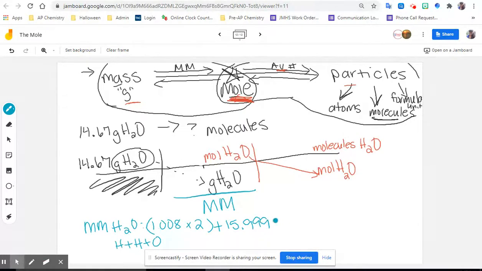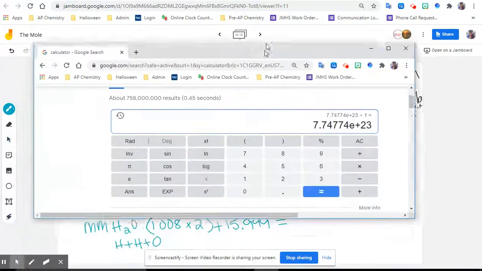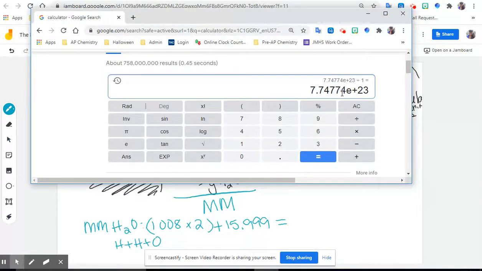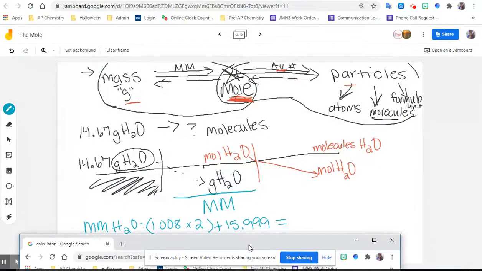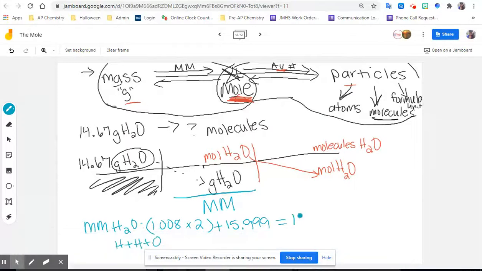And I'm going to add it to 15.999. I can type this into my calculator all in one step if I'd like: open parentheses, 1.008 times 2, close parentheses, and add it to oxygen, which is 15.999, which equals 18.015 as my molar mass for water.